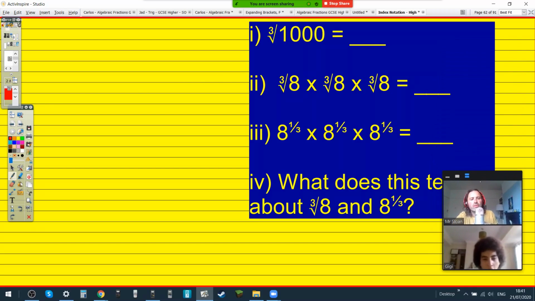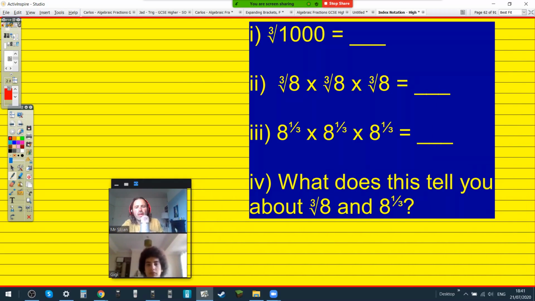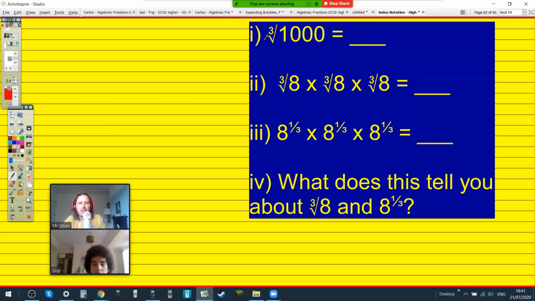Okay, cube root. Cube root of 1,000. Any idea what that is? Is it non-calculator? Yeah. What times what gives you 1,000? 100. I mean, 10. Okay, how do we do the next one? Would it just be 8? Well done.